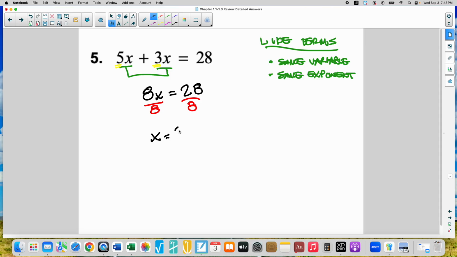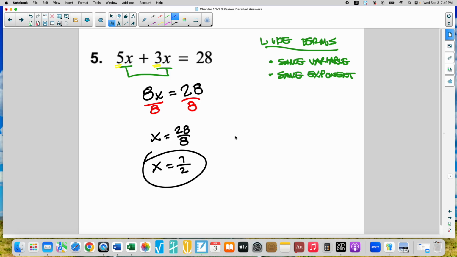X equals 28 eighths. 8 doesn't go into 28. However, you can reduce it. They do have a common factor of 4. 4 goes into 28 7 times, and 4 goes into 8 2 times. We can leave it as 7 halves. You do not have to turn it into a mixed number.